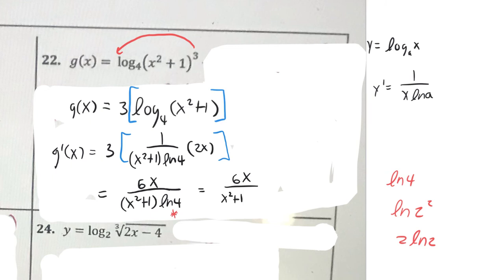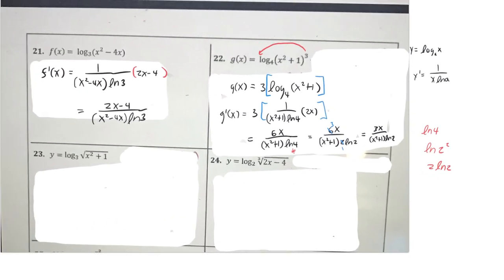I'm not used to that, but according to her, it would be 2 times ln of 2, and that would turn that into a 3, and then we would have 3x up top times x squared plus 1 ln of 2. Okay, so I guess the moral of the story is, even when you've whittled it down to this moment, always double check and ask yourself, is there a way to create an exponent here that I could bring out front? So that's something to look at with each problem.